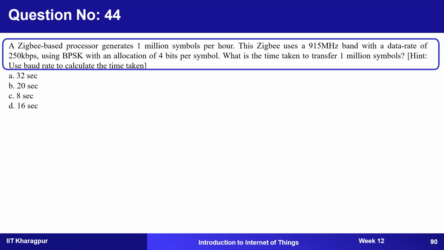One million symbols per hour means, okay, one symbol is of 4 bits. So first of all, calculate the number of bits that can be generated in 1 second. After that, data rate is given, use that in order to calculate the time taken to transfer 1 million symbols.